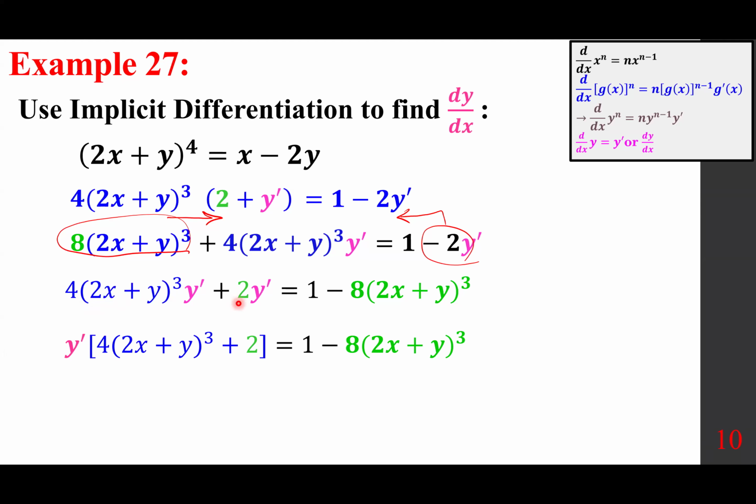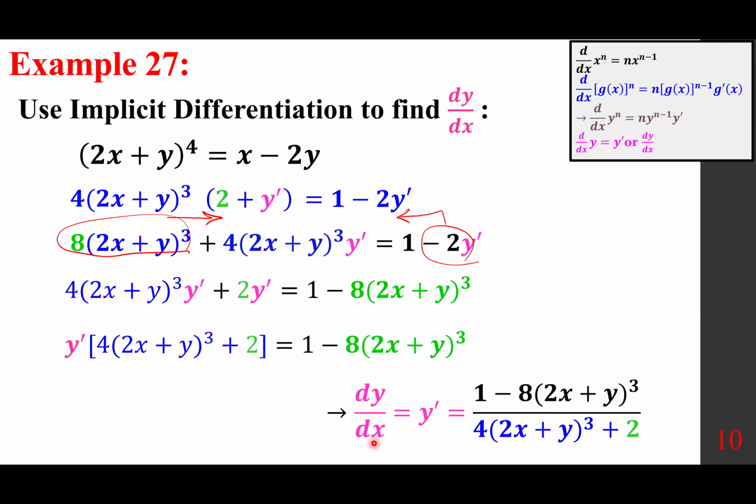So y prime or dy dx is the right-hand side divided by the brackets. In other words, dy dx or y prime is 1 minus 8 times 2x plus y quantity cubed over 4 times 2x plus y cubed plus 2. So that's pretty straightforward.